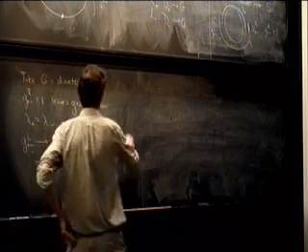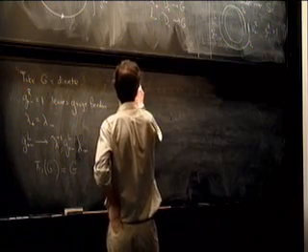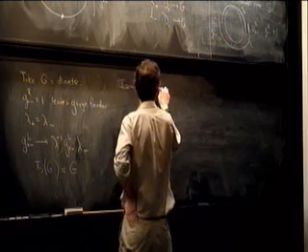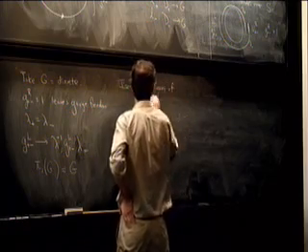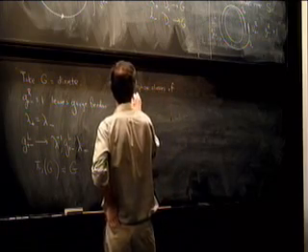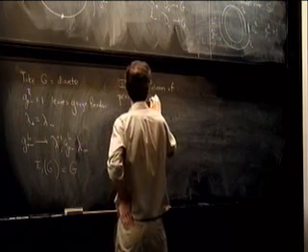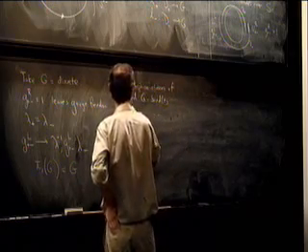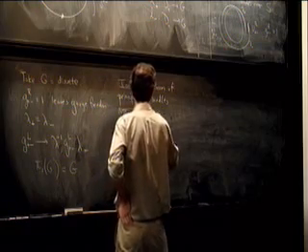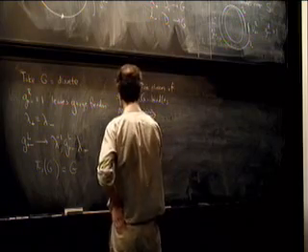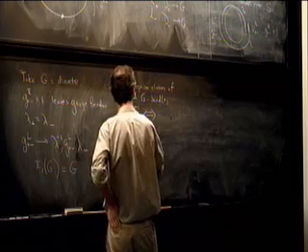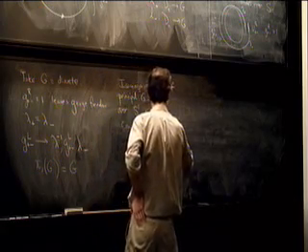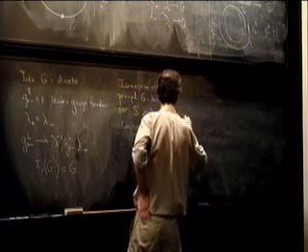So what we see is that isomorphism classes of principal G bundles over S1 are in one-to-one correspondence with conjugacy classes of pi naught of G.